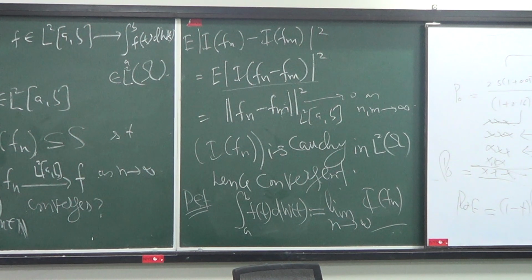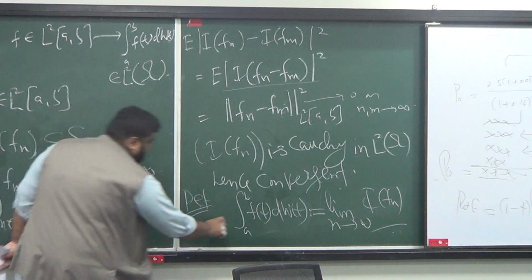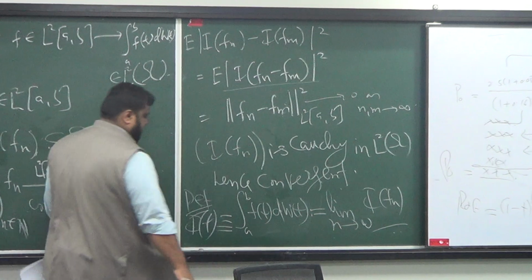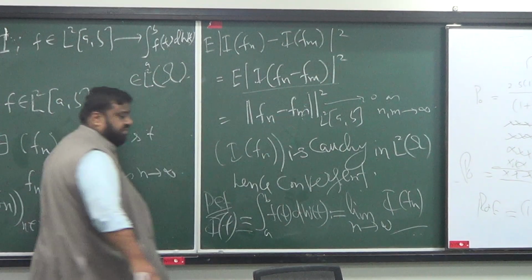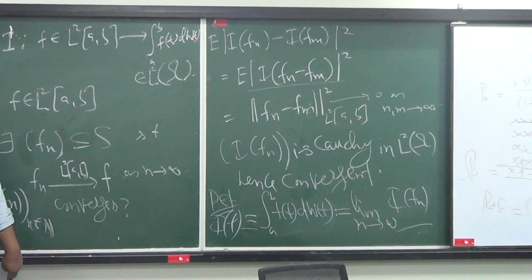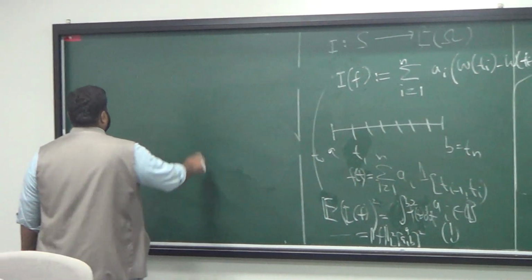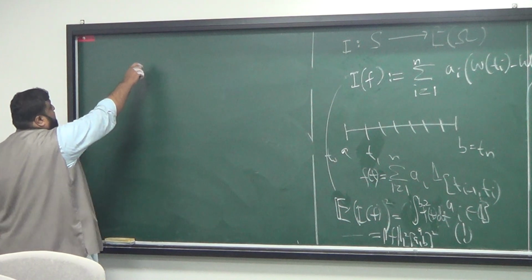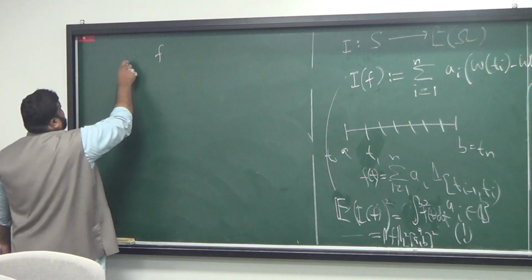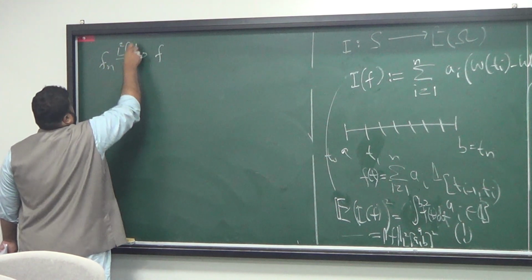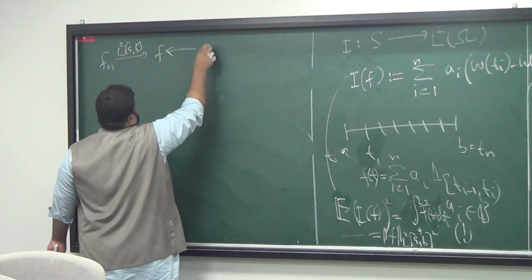If you wish, you can also call this I of f. So I of f is for a square integrable function, and you're giving it this name. Now, imagine f has two approximating sequences in L2(a,b).